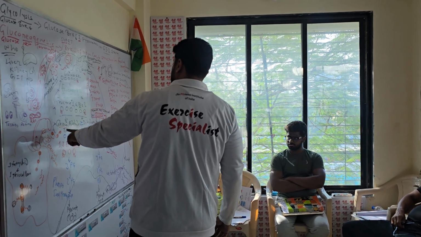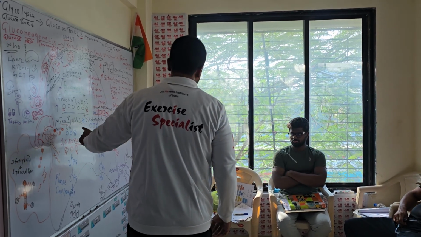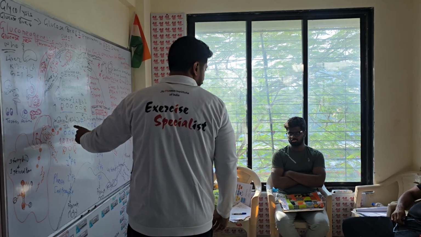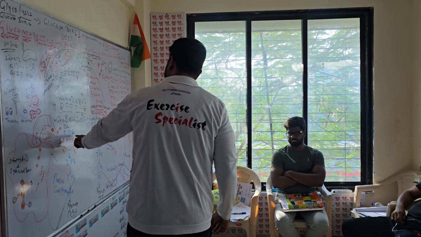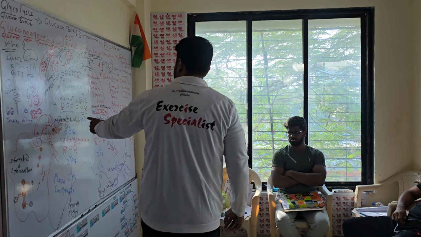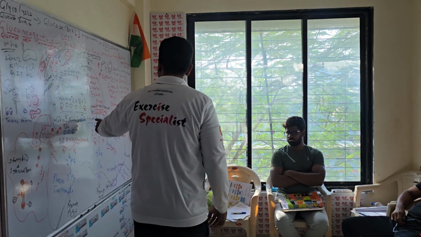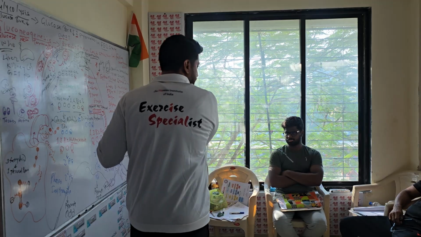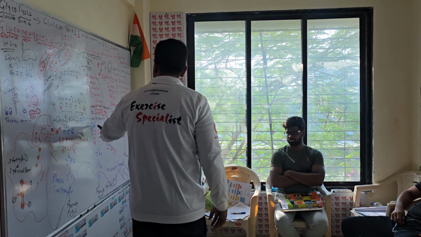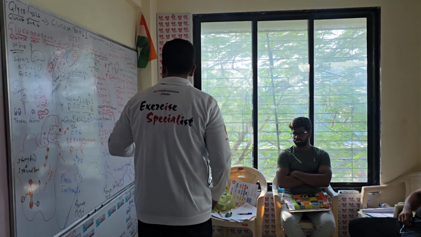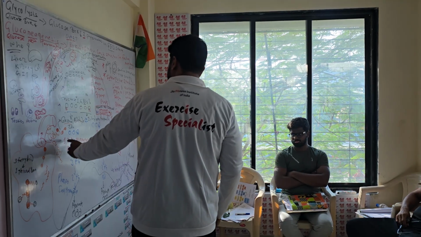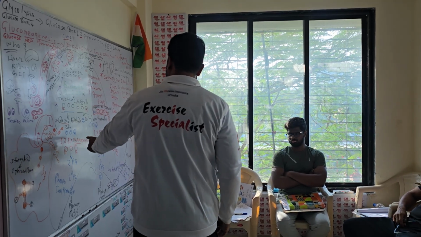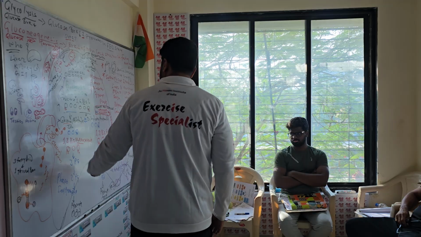Then it is converted to glyceraldehyde 3 phosphate. The third carbon will have the phosphate, and the other side is dihydroxyacetone phosphate. Everything is the same, just the name is different. Here also in the third position a phosphate came, and again it is converted to 1,3 bisphosphoglycerate.